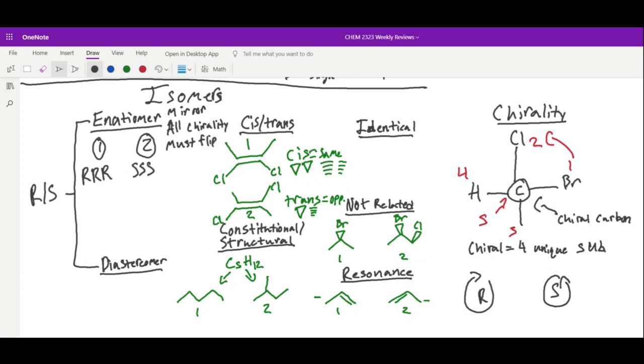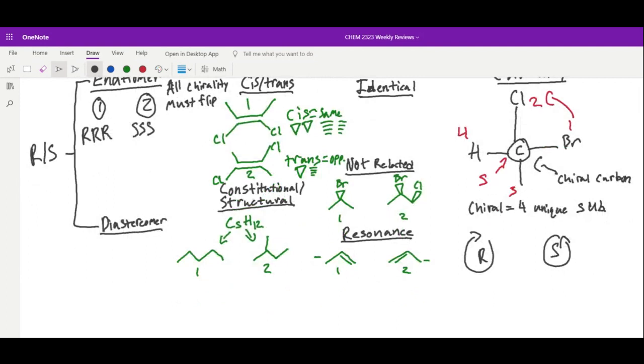So diastereomer is something very similar. Again, let's say you have compound 1 and compound 2. Let's say our first one is again R, R, R. In the second structure, only one is required to flip.